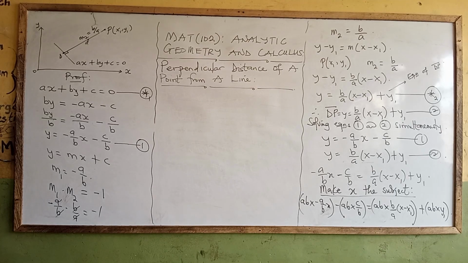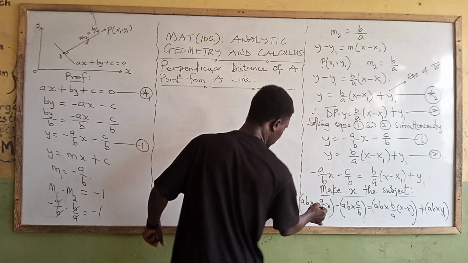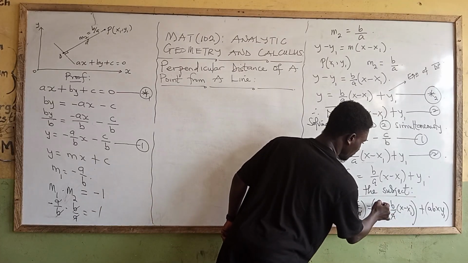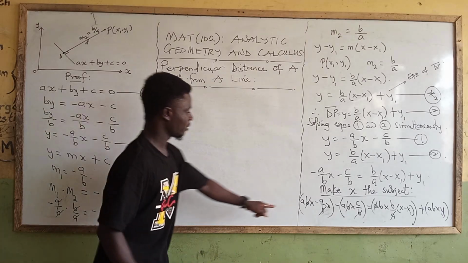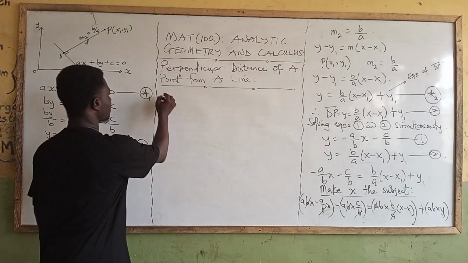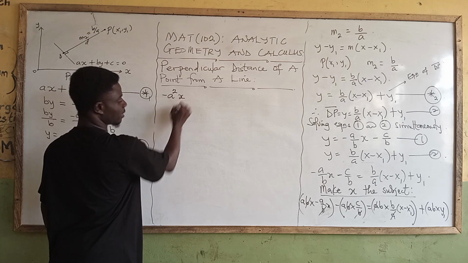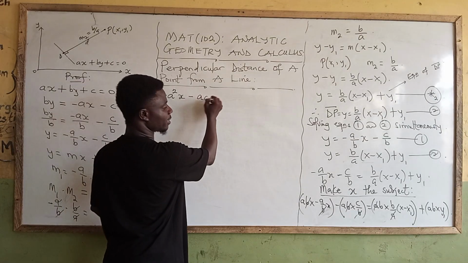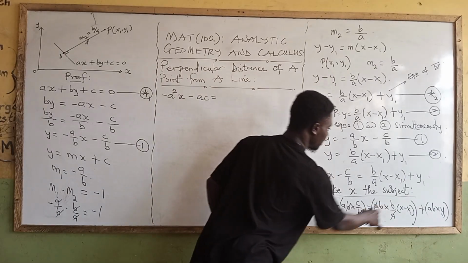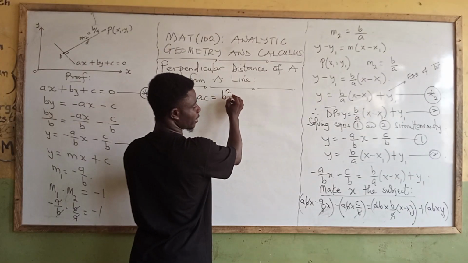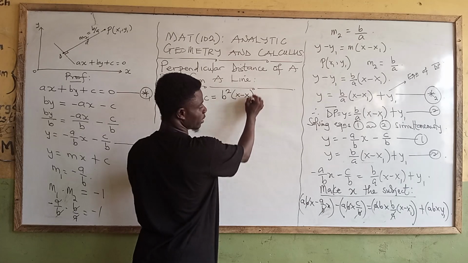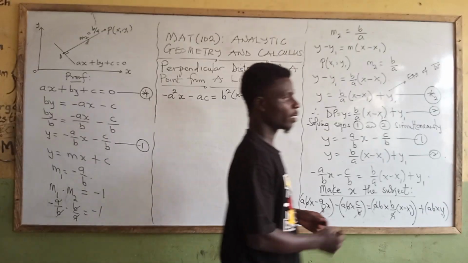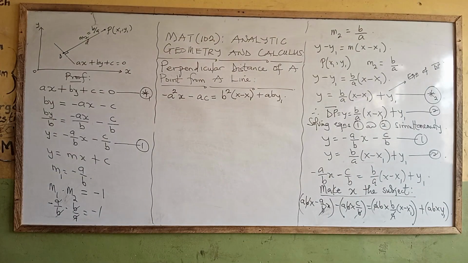All right, so let's proceed. b cancels b, a cancels a. So I have a times a, which is a squared, that's negative a squared x minus ac, which must be equal to b times b, b squared, times x minus x1, plus aby1.